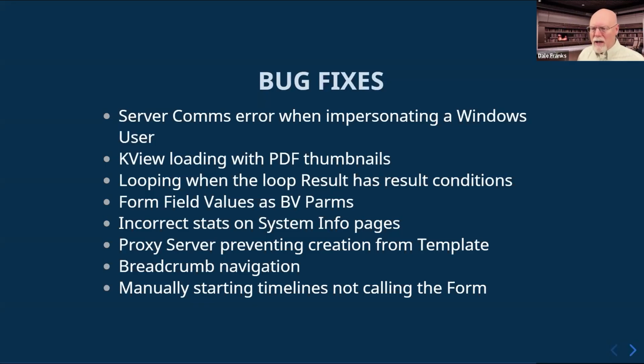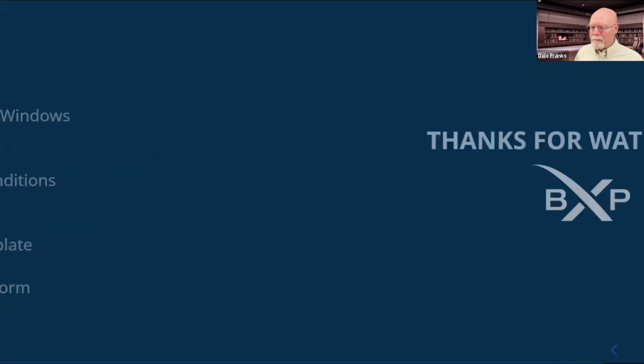So there's a little disconnect there. I'm not sure when that got introduced, but I am sure when it got fixed, which was within the last 4 weeks. So that's no longer an issue if you are manually starting timelines. Like I said, generally something that really only applies to implementers and developers.